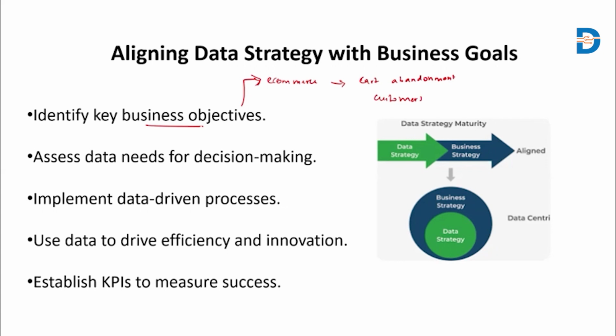So we want to access the data properly for decision making. We'll be identifying the customer preference. What is the reason behind the churning of customers? Maybe because of high shipping costs, let's say.